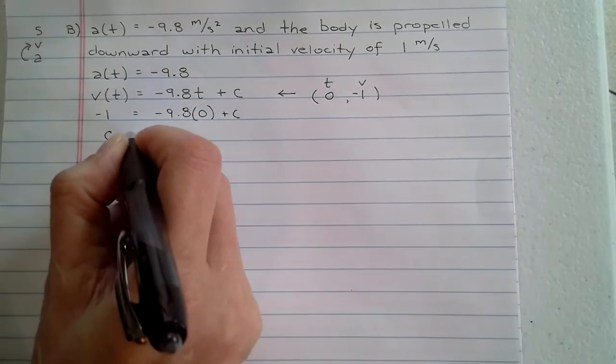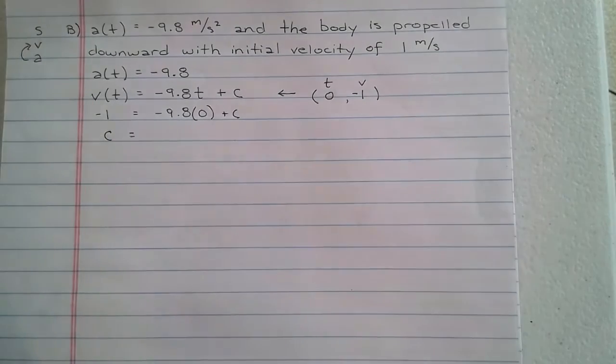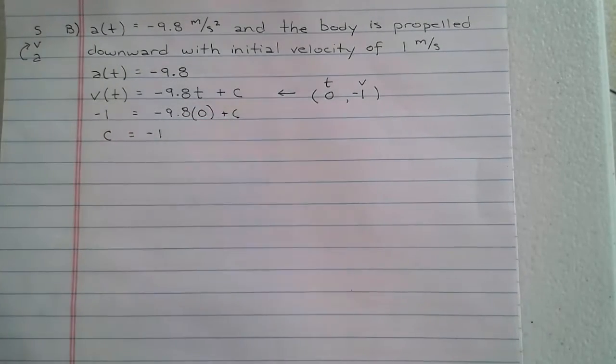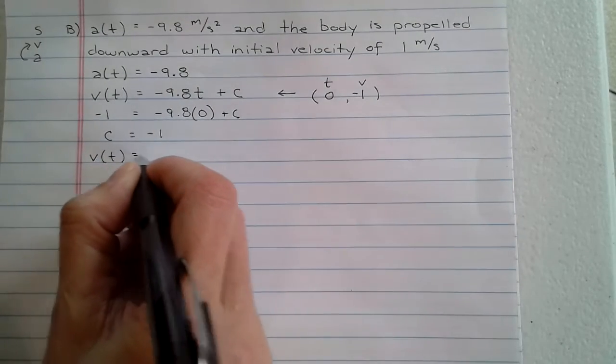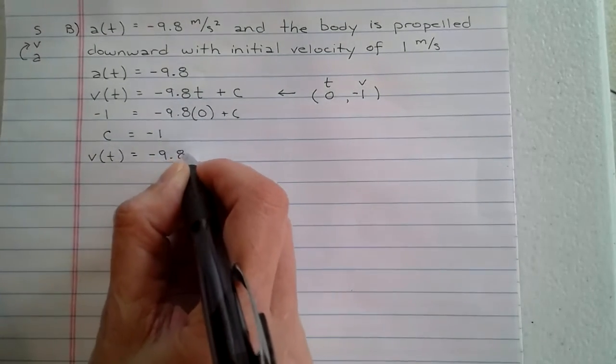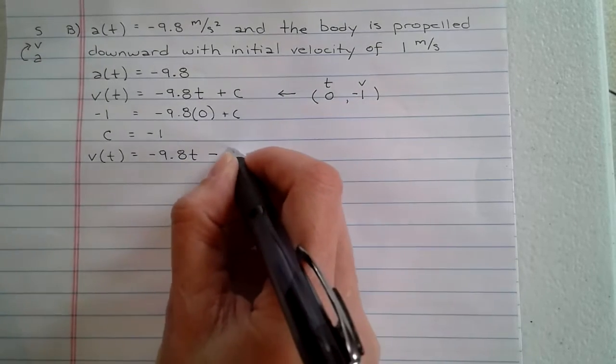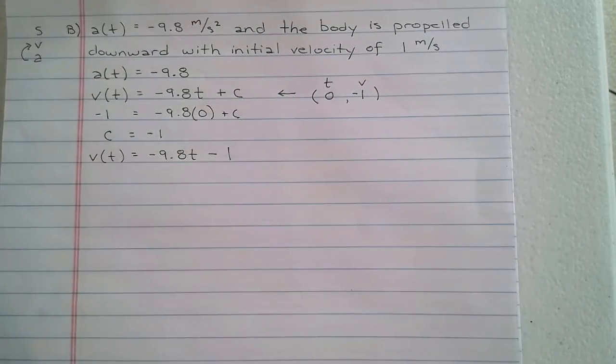And then we can go ahead and solve for the value of c. Once you find c, now you can write your perfected velocity equation. Okay, I just plugged that c I found from our initial condition right in there.